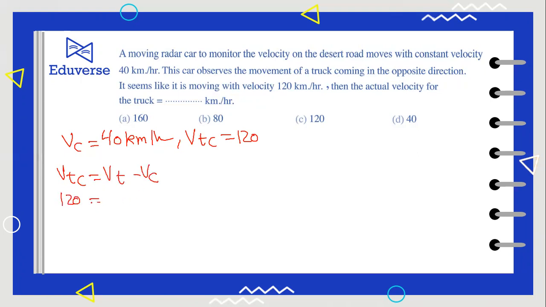Here 120 equals velocity of truck, which I don't know, minus velocity of car. The car is 40, but in the opposite direction it will be negative 40. Then velocity of truck equals 120 minus 40, it will be 80 kilometers per hour.